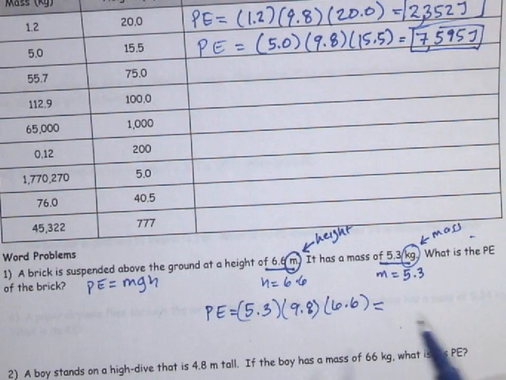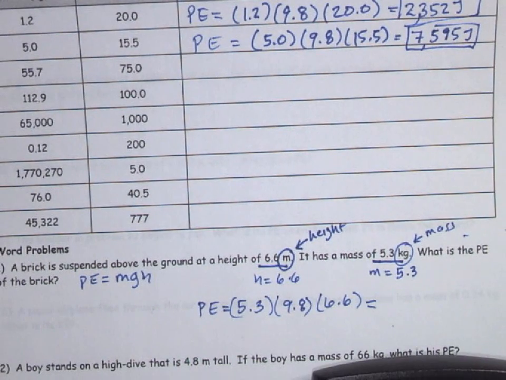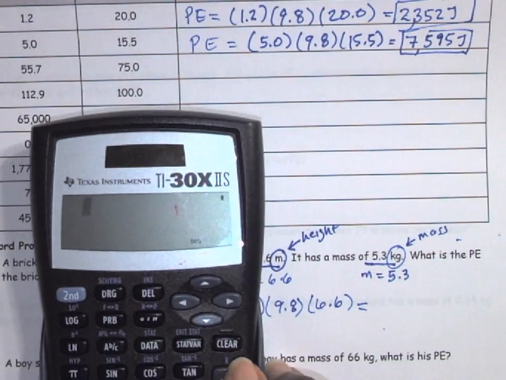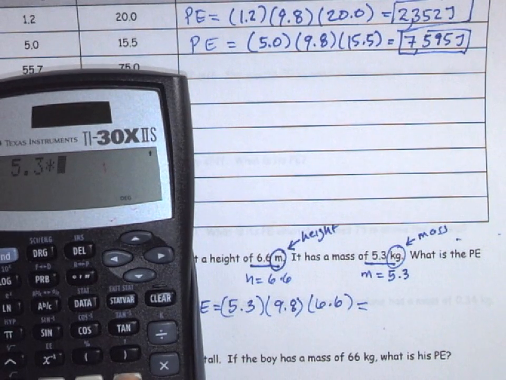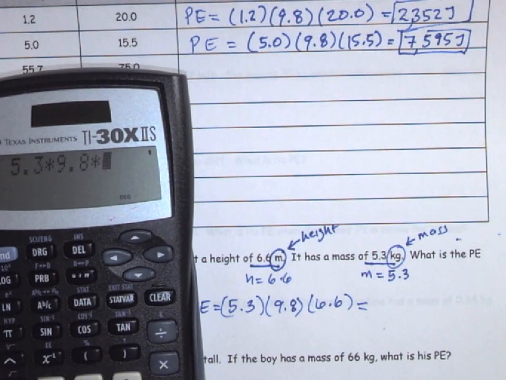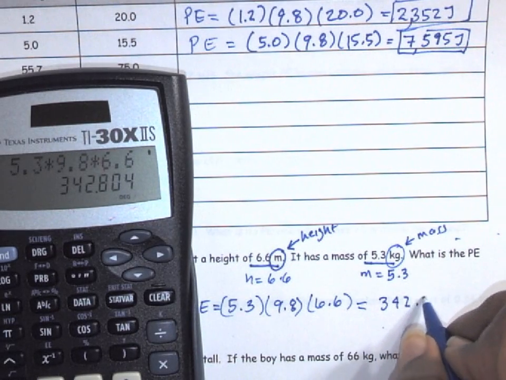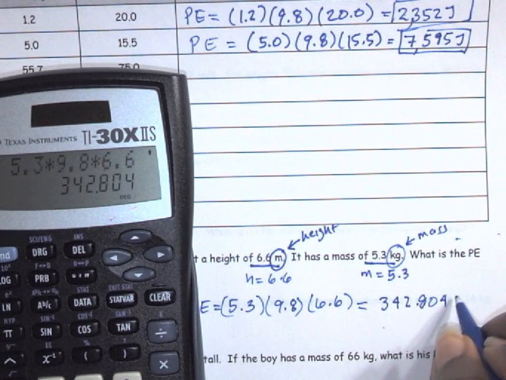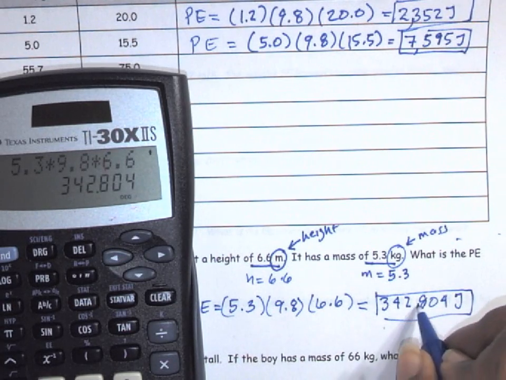All right, and I can now plug that into my calculator. 5.3 times 9.8 times 6.6. All right, and I get 342.804. Don't forget the unit joules. All right, that's my final answer here.